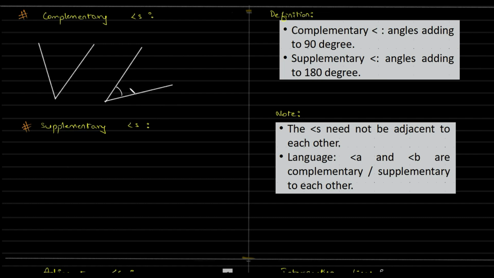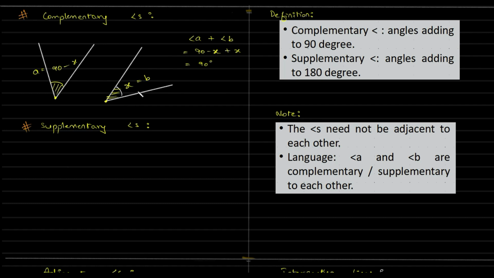If this is x and this is 90 minus x, if I add these two, how much will we get? 90 degrees, is it not? If I call this angle A and this angle B, what is A plus B? Angle A plus angle B is equal to 90 minus x plus x, which is equal to 90 degree.